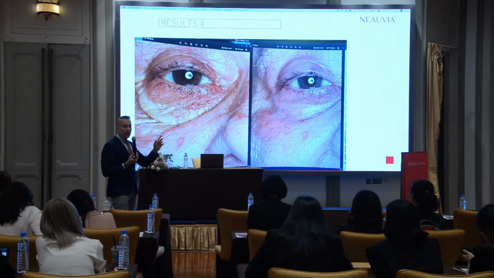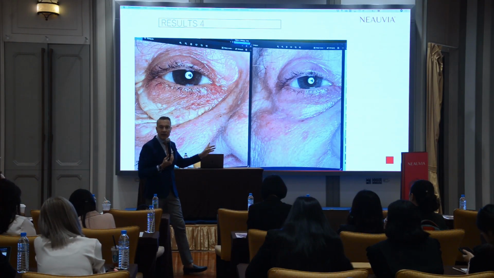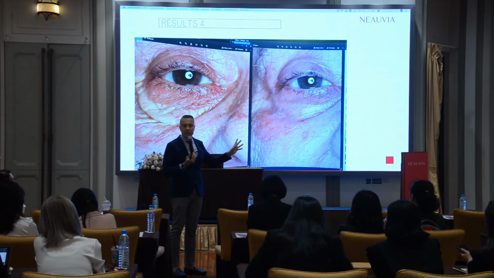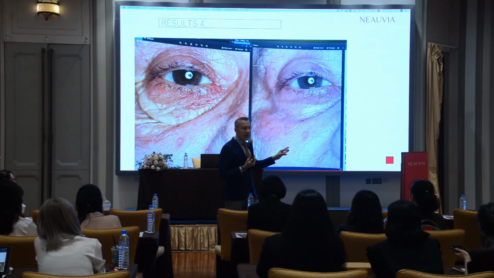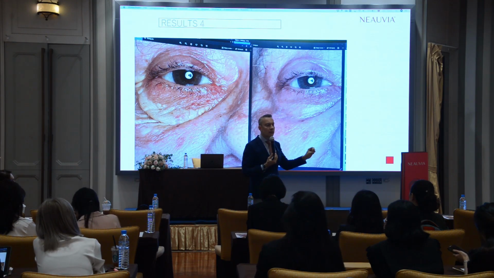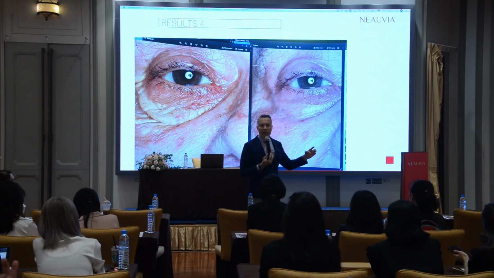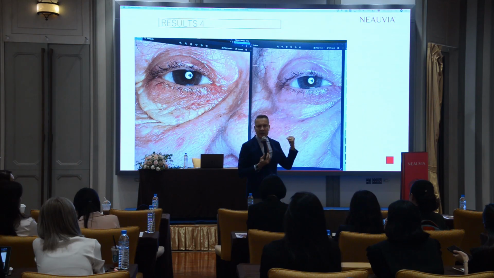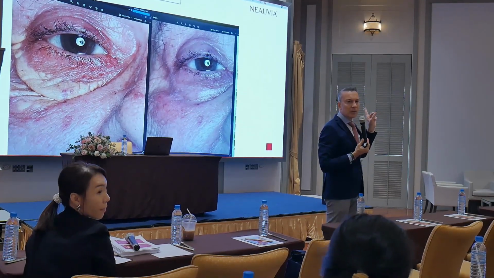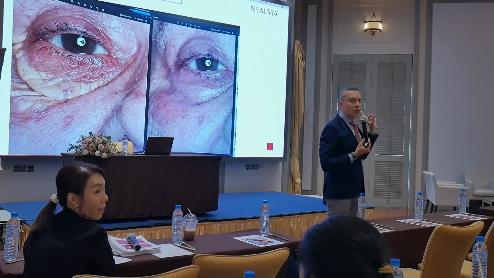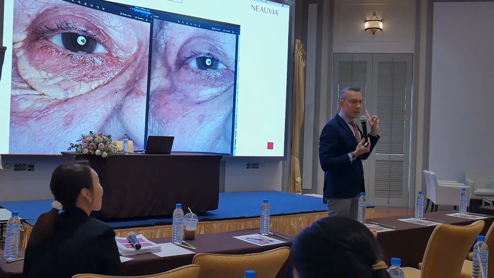We saw that we can remove xanthelasma also with another technology we saw yesterday. Can we remove this with Zafiro? No. Can we remove this with Sectum? Yes. With Sectum, surgical.